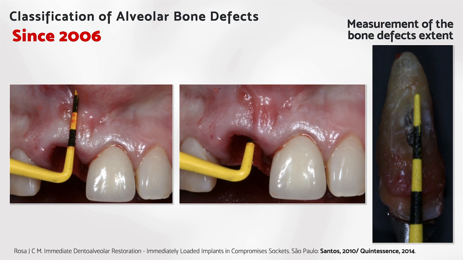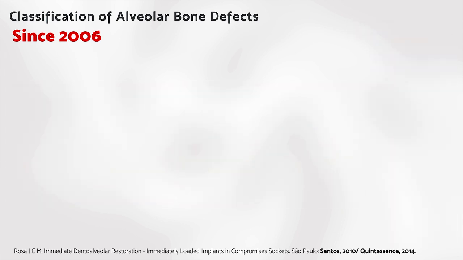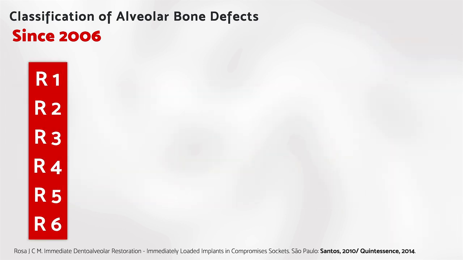This classification is based on the bone defects, and the measurement of the bone defects depends on the proportion between the extension of the bone loss and the root length. We have to know if the bone defect extends to the cervical third, middle third, or apical third of the root. In order to facilitate the treatment planning, we developed this new bone defect classification.